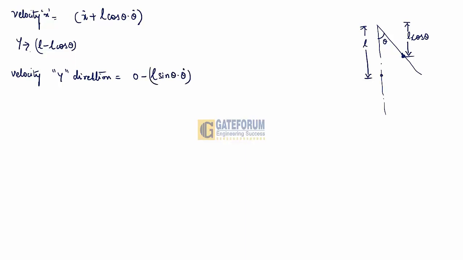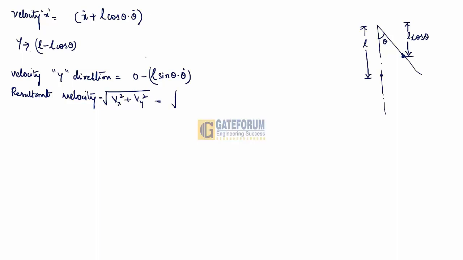Now the velocities in the x and y directions are known, and we can calculate the resultant velocity. The resultant velocity is equal to the root of Vx square plus Vy square.